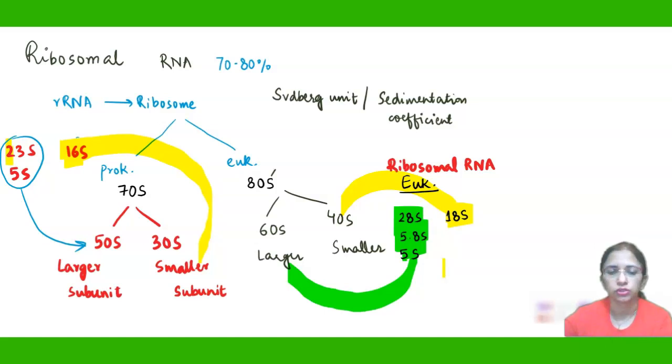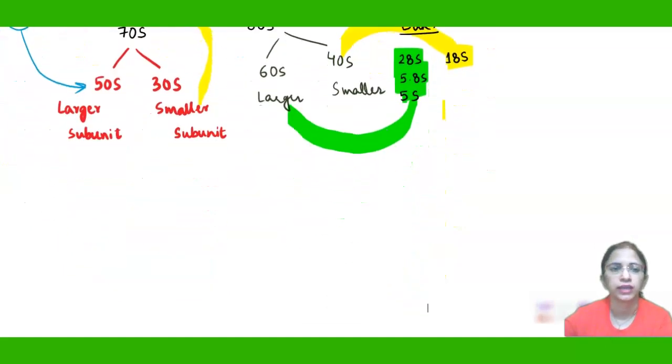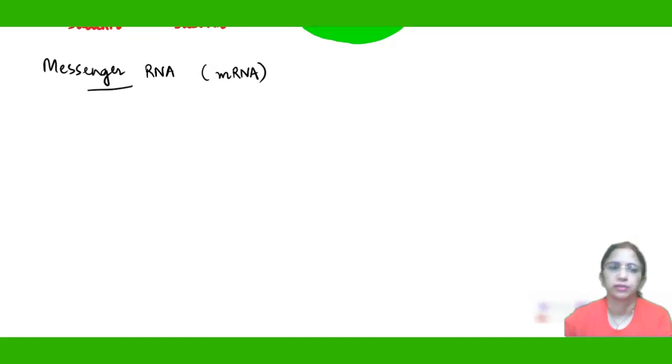Let's move on to another type of RNA, and this is messenger RNA. We do know a bit about it because we are already done with transcription. In that we have read about it, and it is written as mRNA in the abbreviated form.